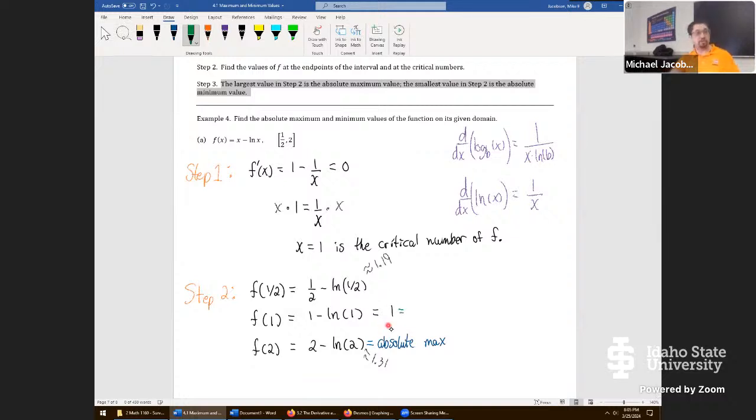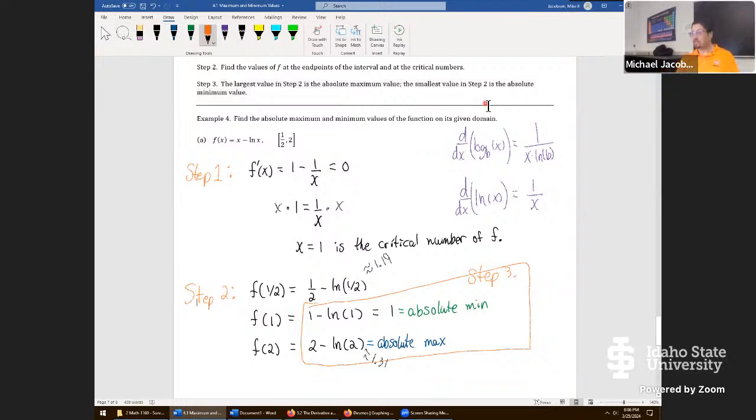So this one, let's just do step 3 right here and say that's the absolute minimum. It feels weird to not put step 3. It just looks like we didn't do everything, so I'll put it here. Step 3 is just saying what we found. Let's also box it because that's where our answer is. The absolute minimum is 1, and the absolute maximum is 2 minus natural log 2.